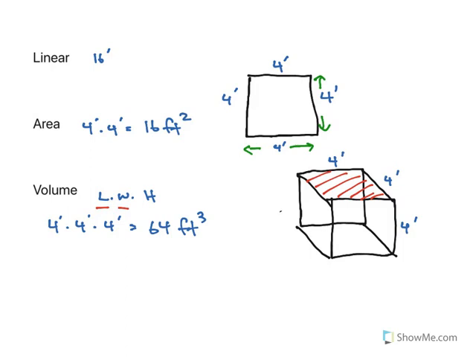So let's say I know this formula, length times width times height equals volume. And let's say I knew the volume was 64 cubic feet, and I knew the length was 4 feet, width was 4 feet, but I did not know the height.